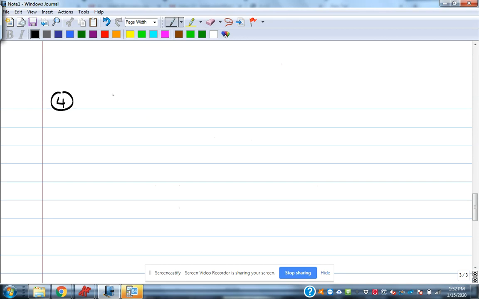Two more. Negative 1 minus 4, absolute value of x plus 9 is greater than or equal to negative 21. Okay. Why can't I add the negative 1 and the minus 4?